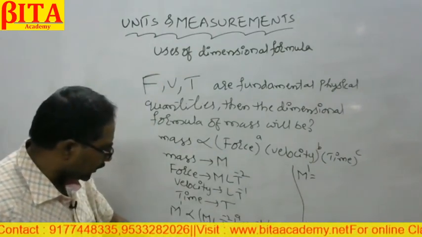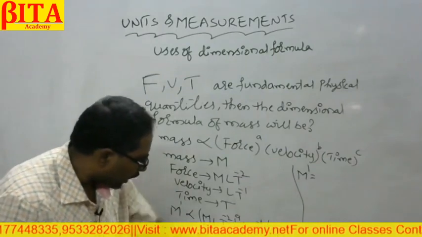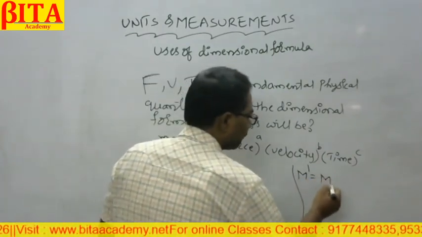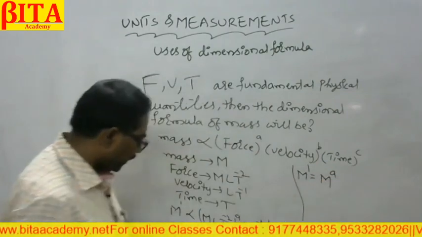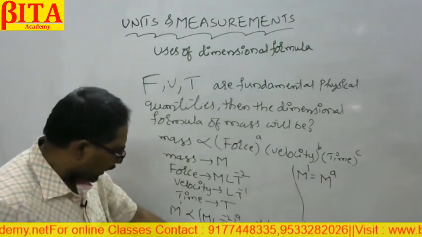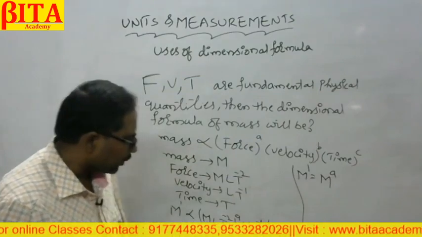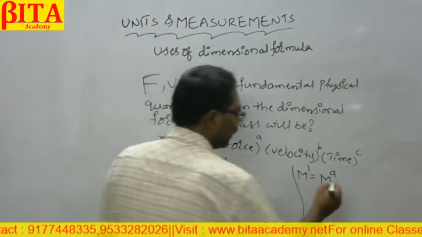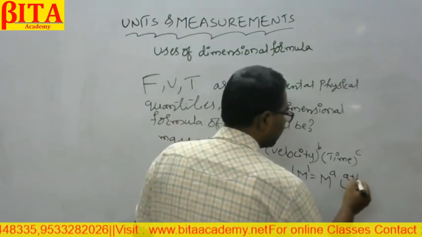Here mass is there, M power a is there. So another mass is not there. That's why I'm writing M power a. Next, L power a is there, L power b is there. So as L power a and L power b are there, I can write that as L power a plus b.